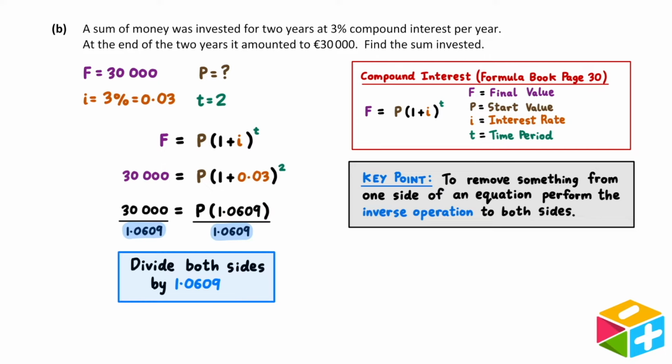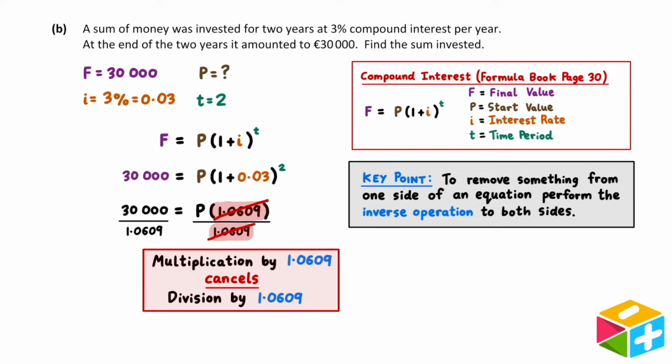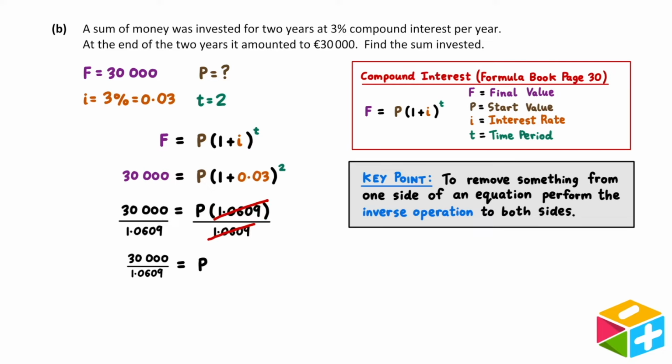So here, we're going to divide both sides of our equation by 1.0609. We've now isolated P all by itself on the right-hand side of the equation.